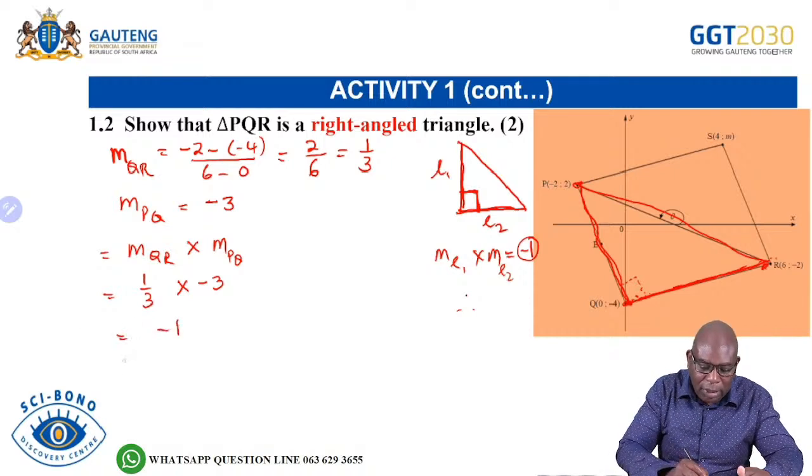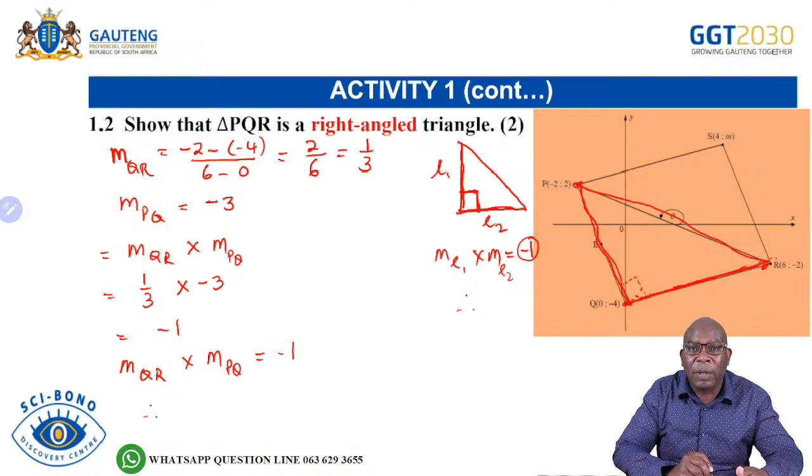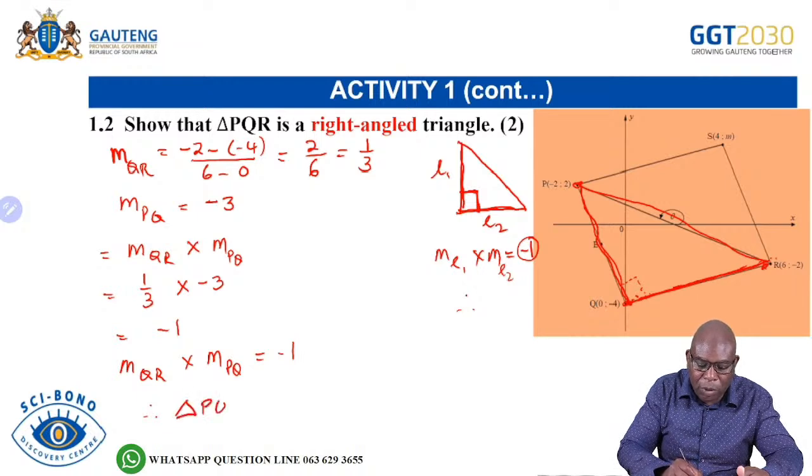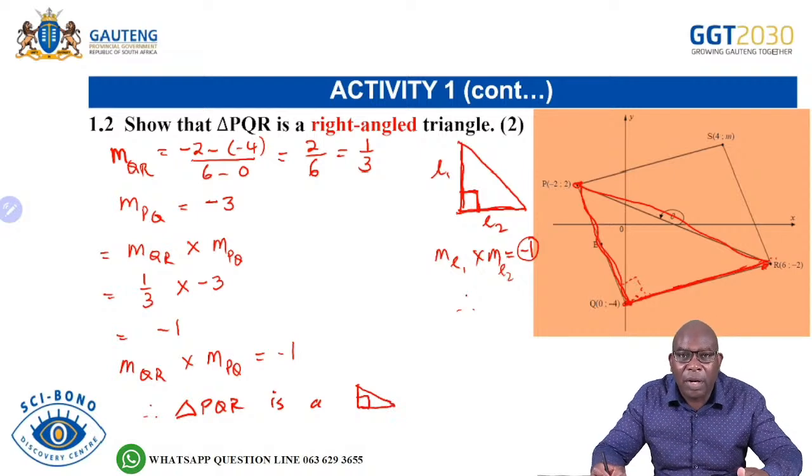So can you see that the gradient of QR times the gradient of PQ gives me -1, which means that the angle that is formed there will be 90 degrees. I can then safely say triangle PQR is a right angled triangle. It's a right angled triangle.